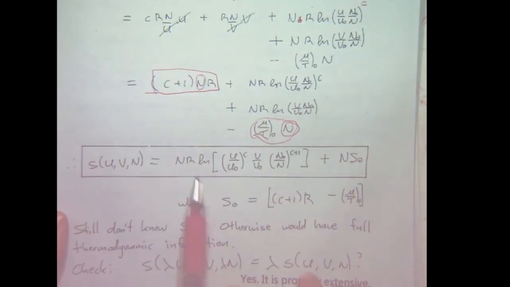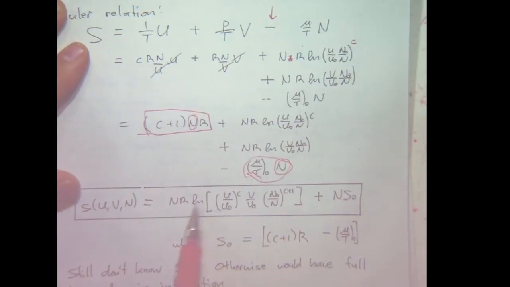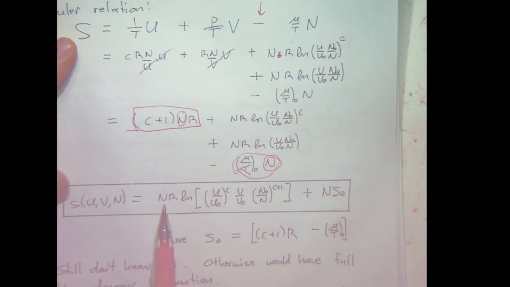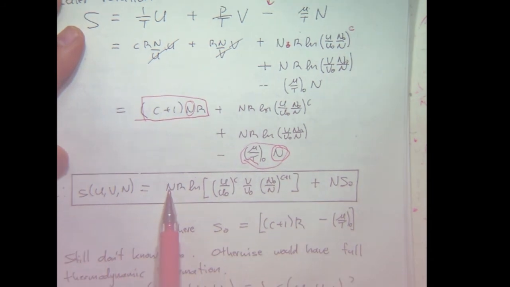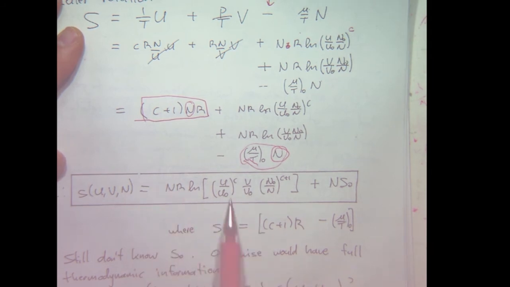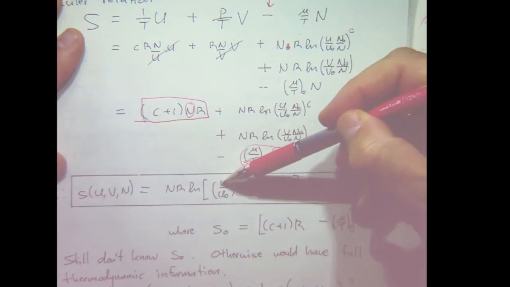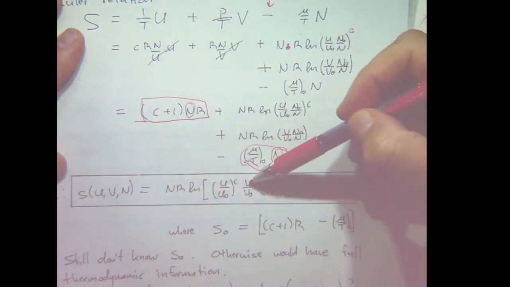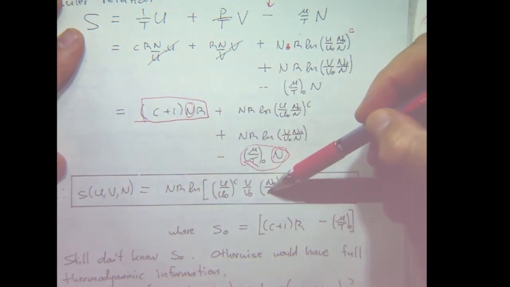and this is properly extensive. Let's just check that it's properly extensive. First of all, what can go wrong? Well, you put in lambda N there. Obviously, the lambda comes out the front, so that's no problem. And you have to make sure that in here, all the lambdas cancel out. So you put lambda U in there, and lambda V there, and lambda N there.